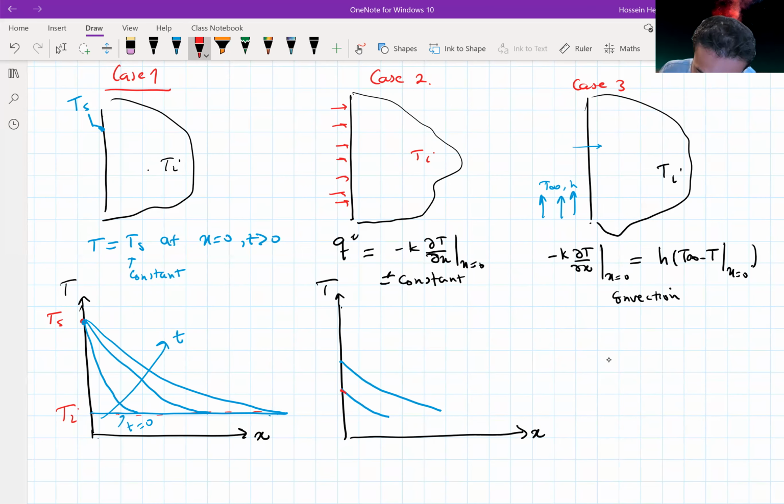So if you look at the slope here, the slope is constant as time goes by, so the slope at x equal to 0 is constant. I'm just going to write it down.